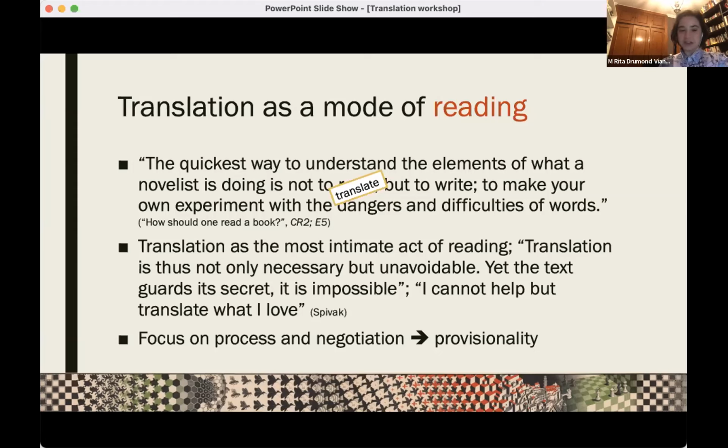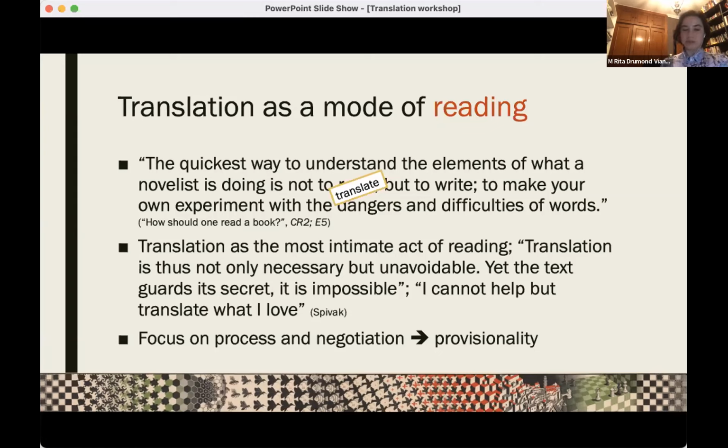But something else that Spivak says is that translation is not only necessary, but unavoidable, and that the text guards its secret. It is impossible. But finally, also that we cannot help but translate what we love, and that translation can be thought in many metaphorical ways.